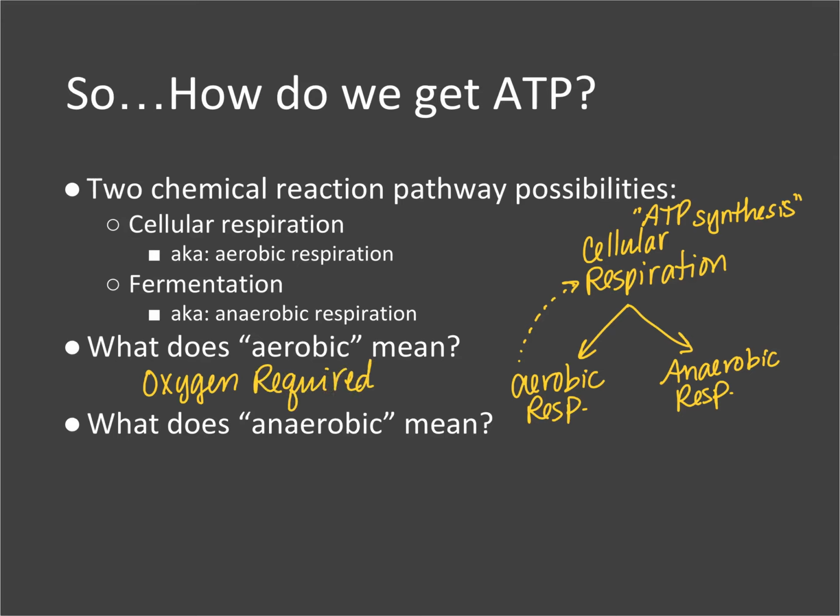And we can abbreviate oxygen as O2 because the oxygen gas that we breathe in is just made up of two oxygen atoms bonded together. Anaerobic, when we look at Latin roots, the letters AN mean without. And so anaerobic is just the opposite of aerobic, in which oxygen is not required for it to occur.